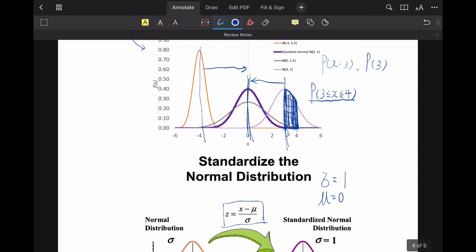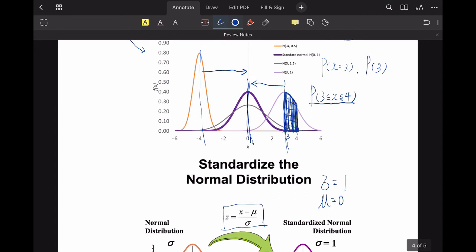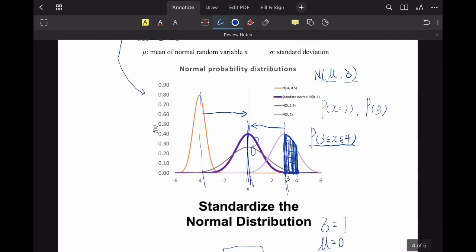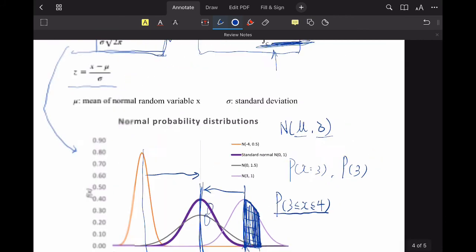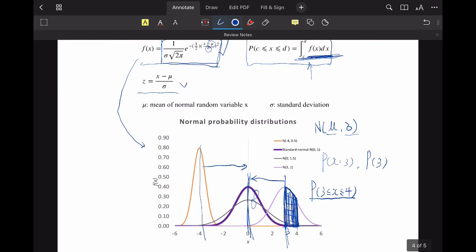And if your mean is at 0, that's not enough, because you could have different standard deviation here and here. But remember, the z-score is standardized. Sorry, the z-score is here. The z-score is standardized.